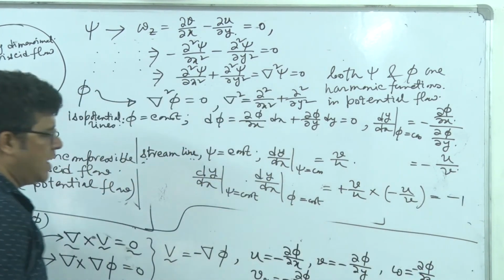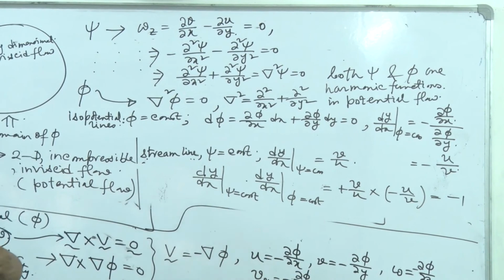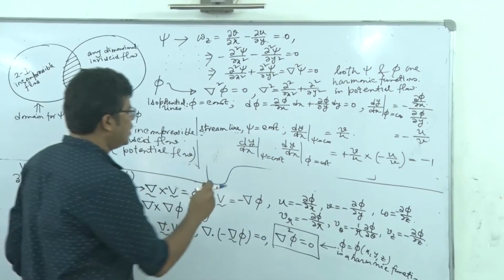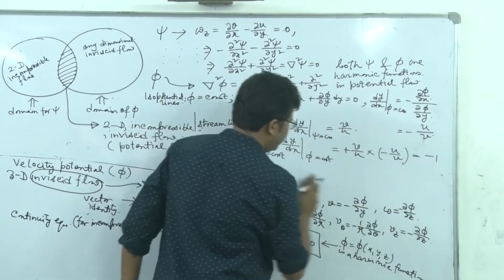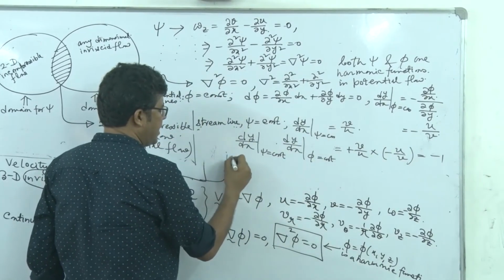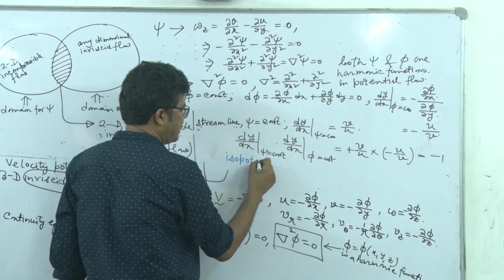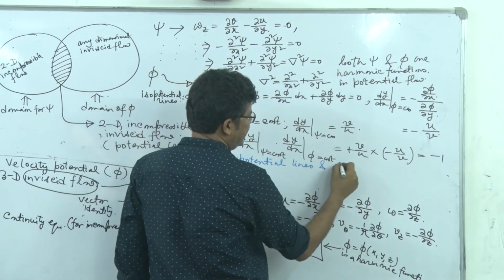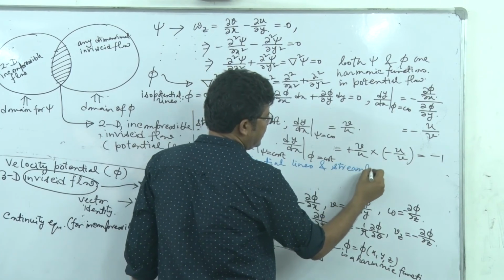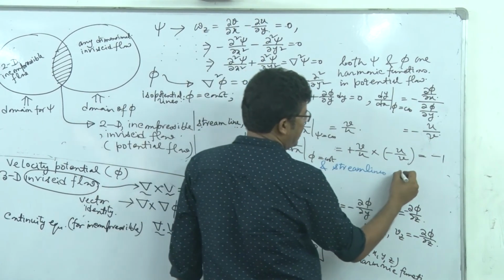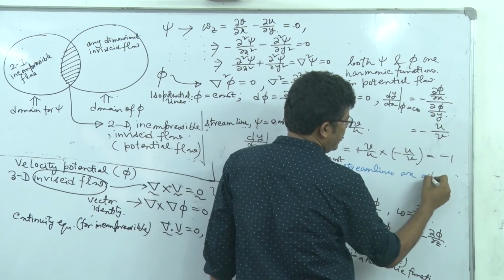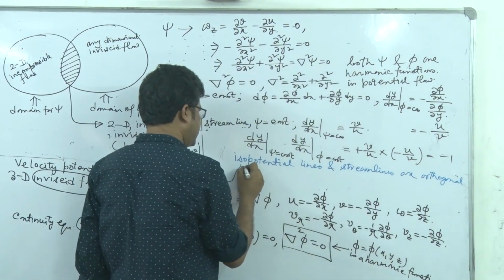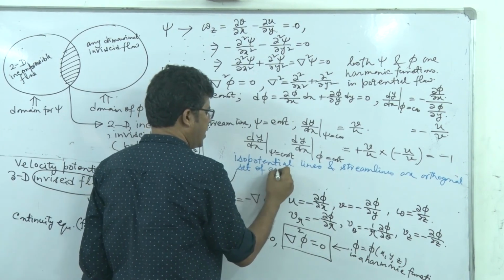So herefrom we can conclude that isopotential lines and streamlines are orthogonal set of chords.